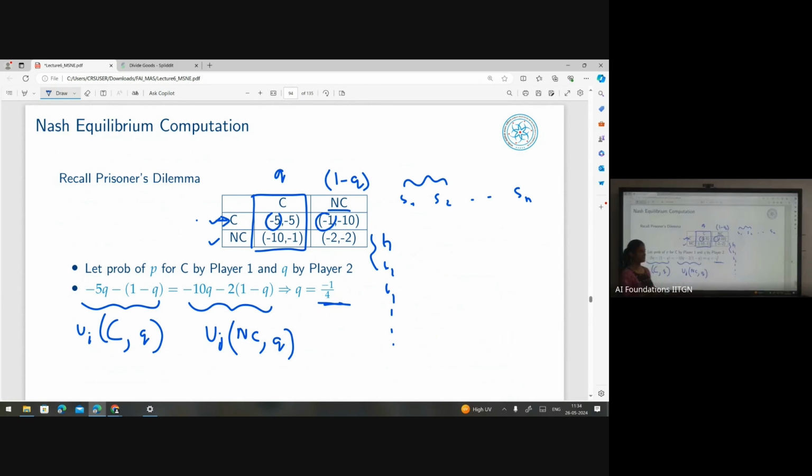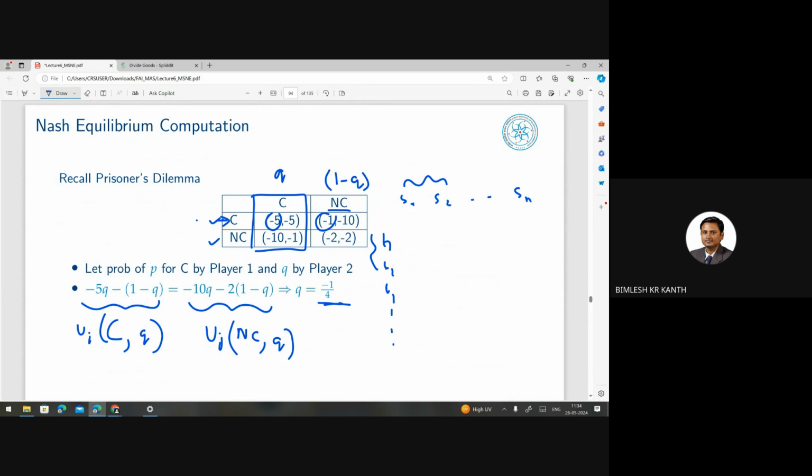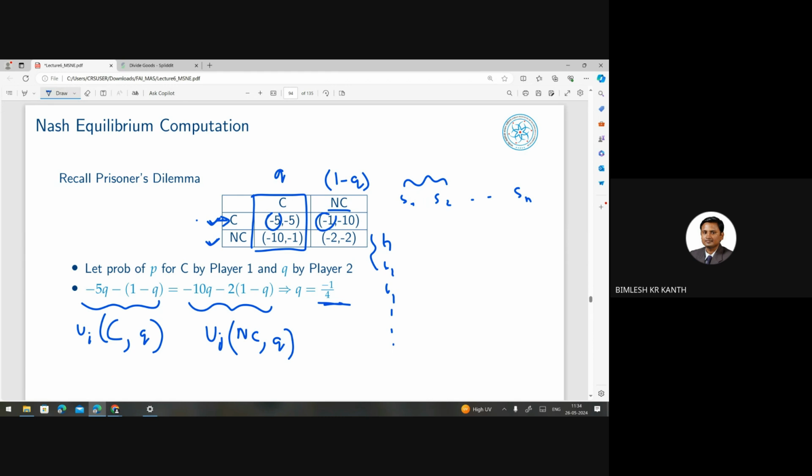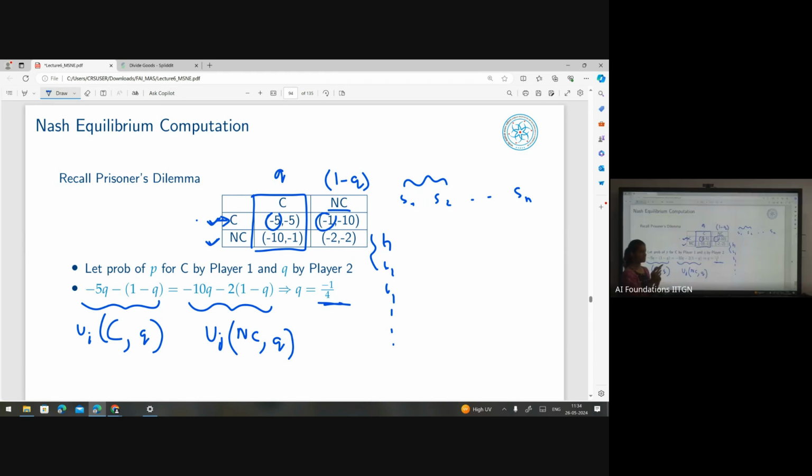Yes. Okay. Then what we are essentially doing by equating these two is trying to force that the utility that player 1 gets from playing C is equal to the utility that it gets by playing NC. Which is not the case. It is not possible, right?